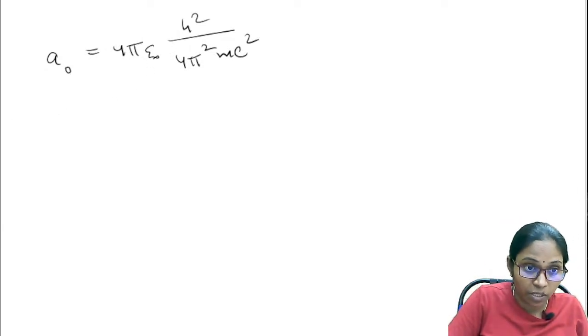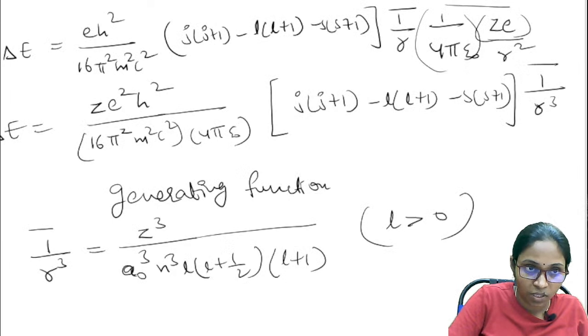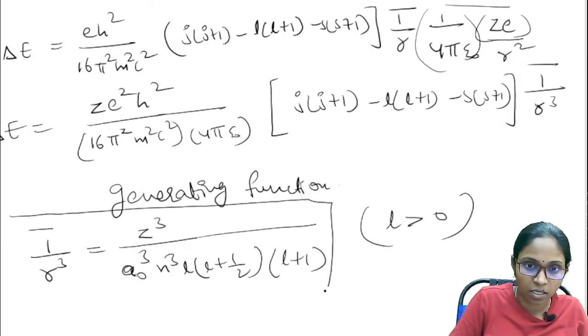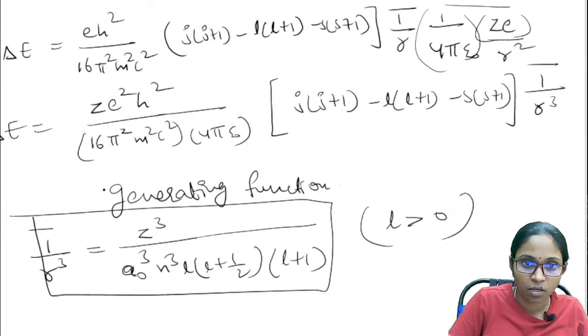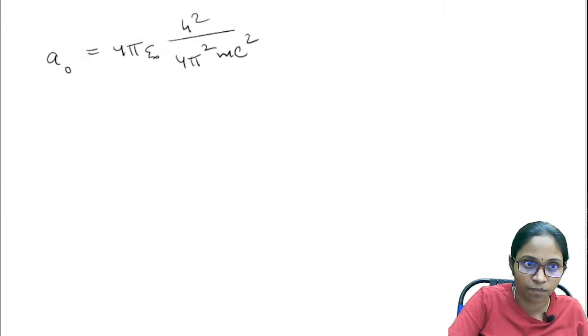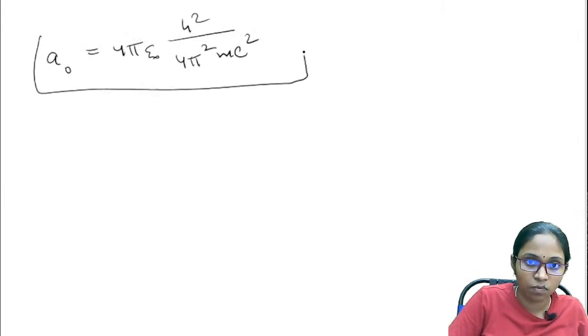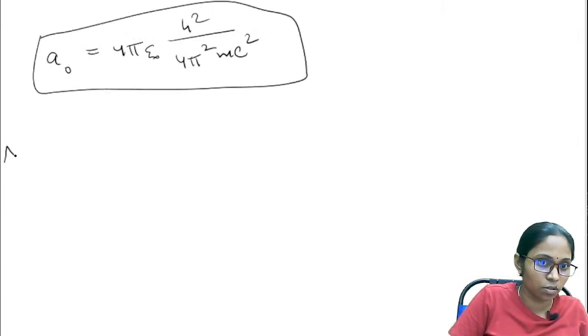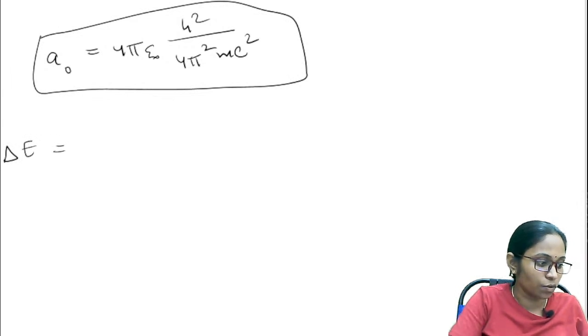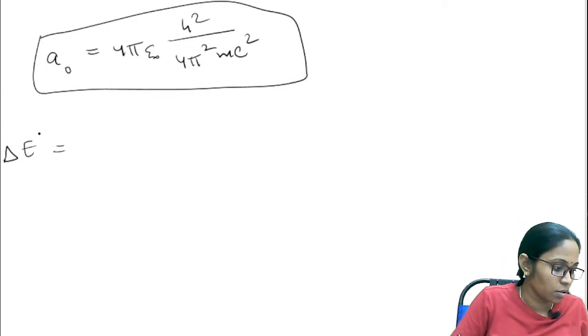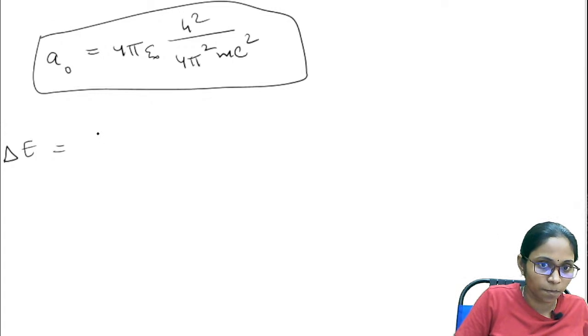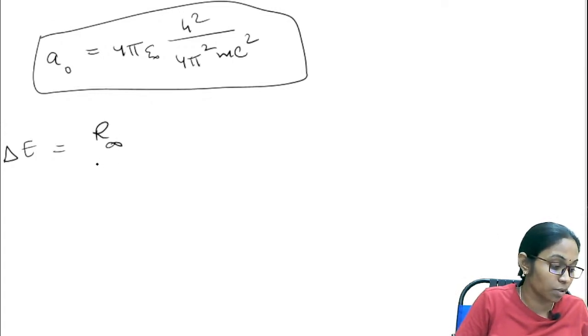If you substitute these values, that is the average of 1 by r cube and a naught values, in this above equation, the energy equation will be equal to, you just solve for this, R infinity, that is the Rydberg constant.